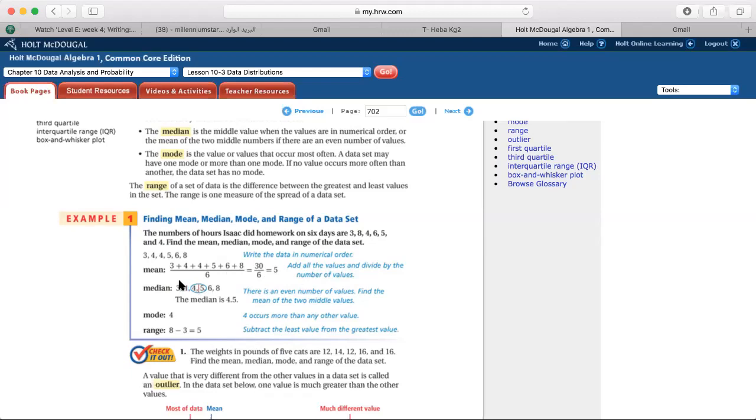For the median, I have two options: whether the number of values is an odd number or an even number. Let me do something here.